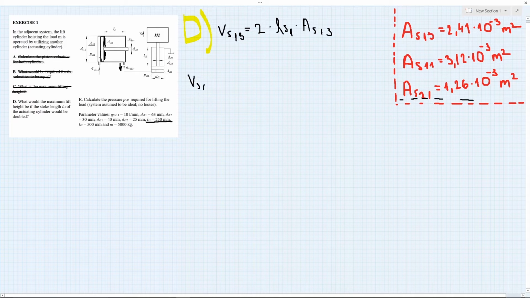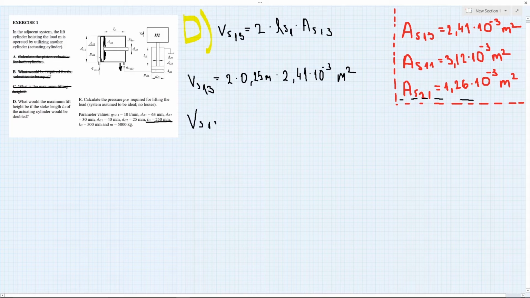So VS13 is equal to 2 times 0.25 meters times 2.41 times 10 on the minus third meters squared.